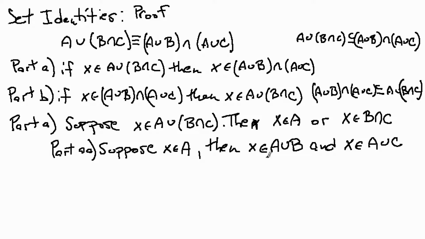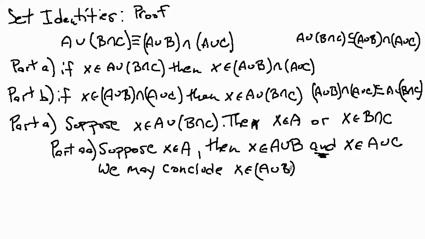If X is an A, X is in A union B, it's also in A union C. Notice this key word here, and, okay, so I can say we may conclude that X is in A union B intersection A union C.